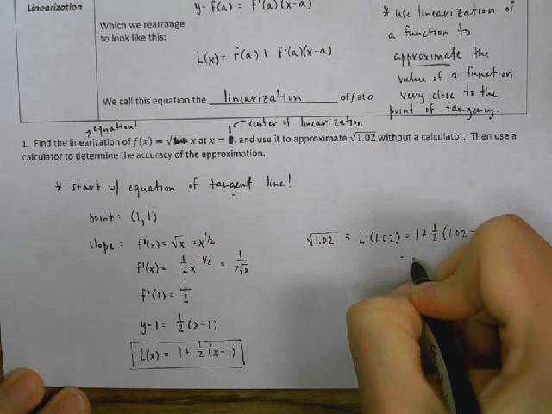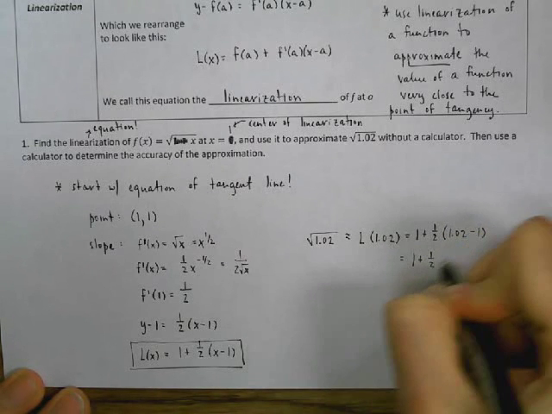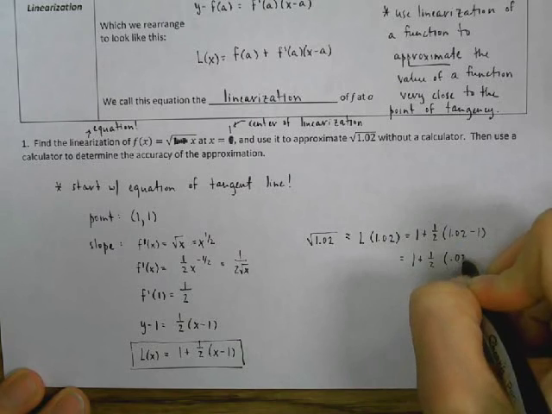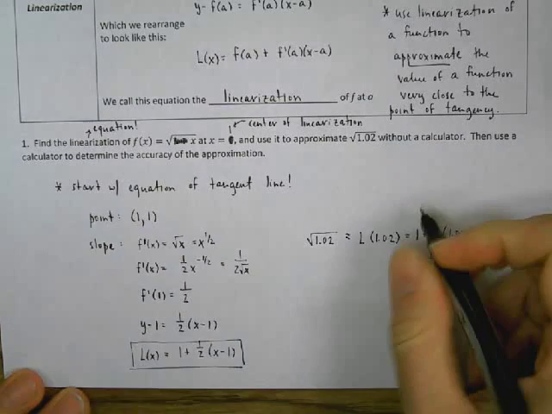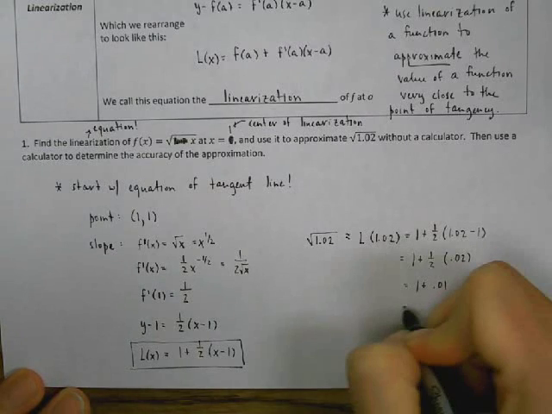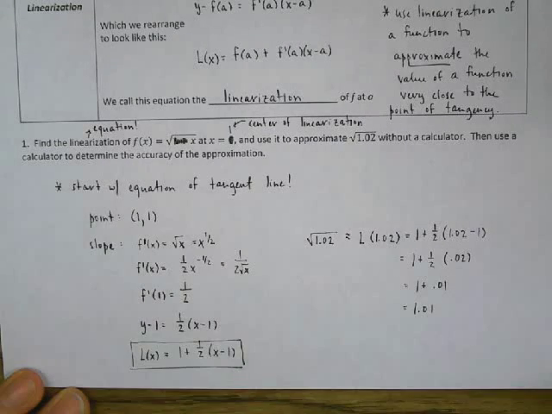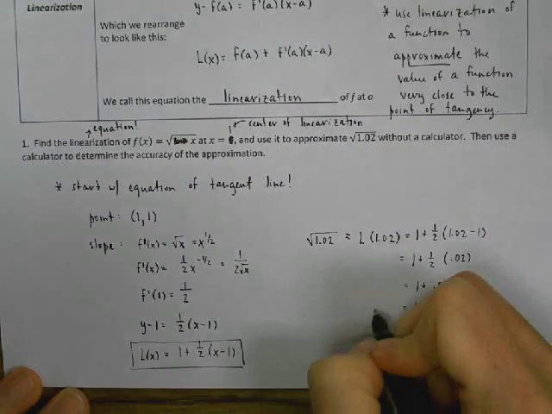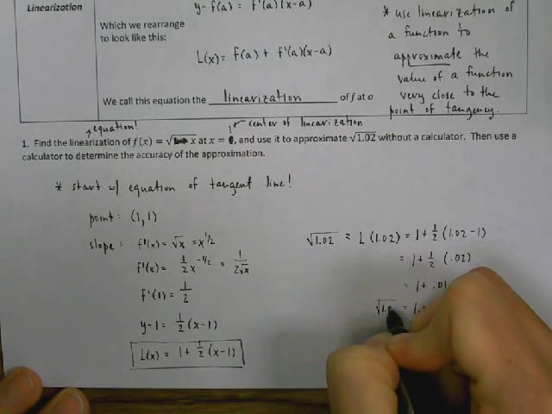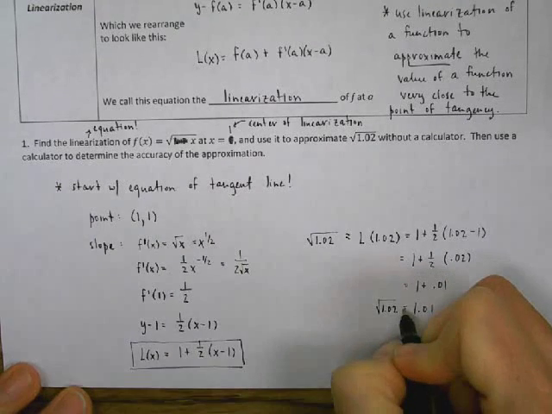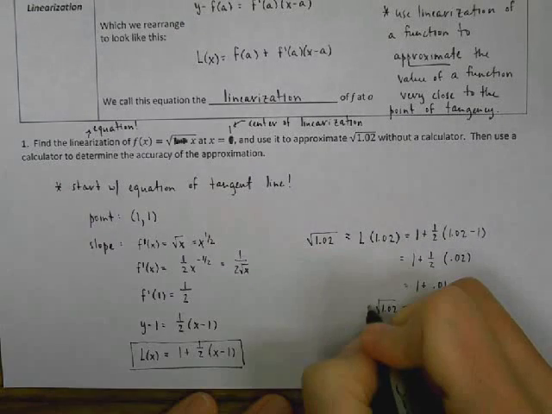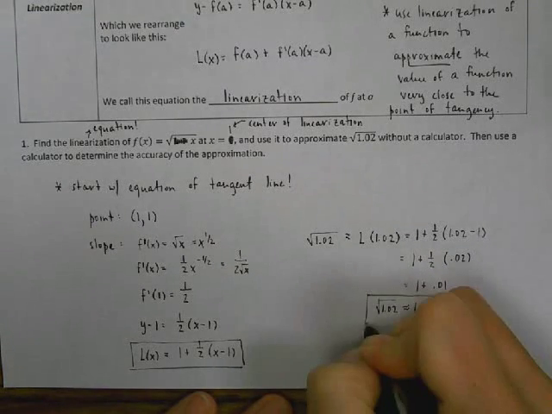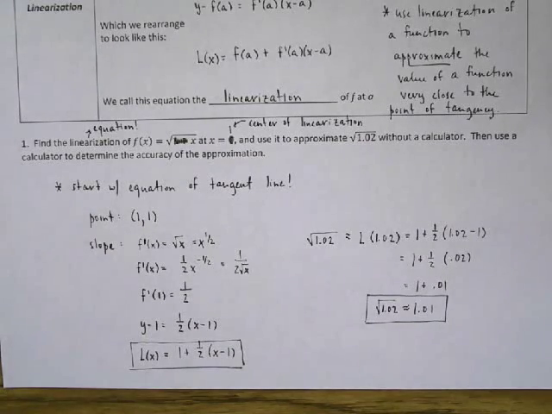So if we simplify it, we have 1 plus 1/2 times 0.02, which is 1 plus 0.01. So our approximation is 1.01. We're saying that the square root of 1.02 is approximately 1.01. And so now we could go to our calculators to verify that.